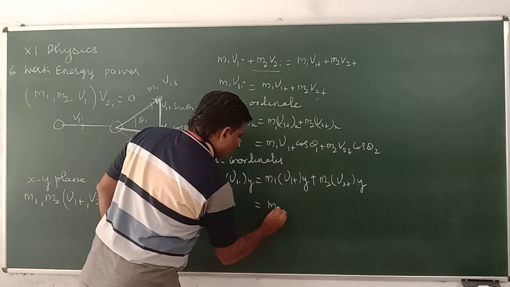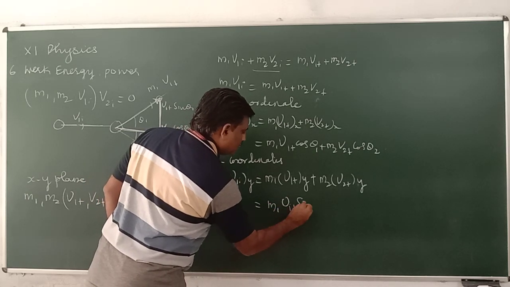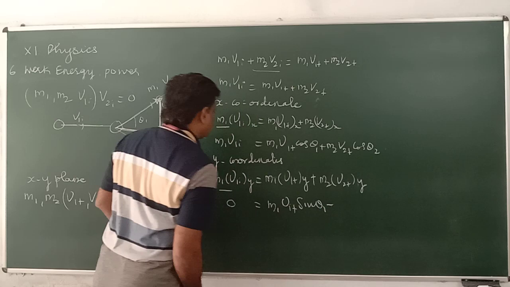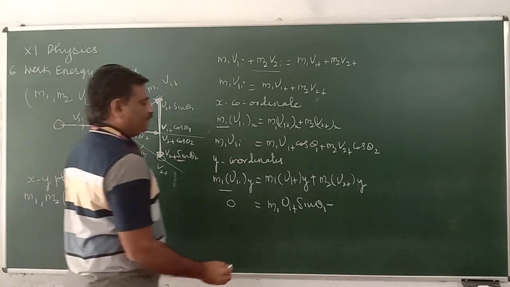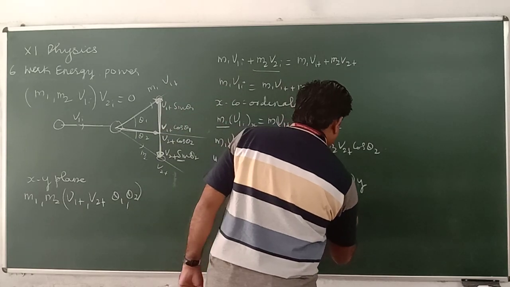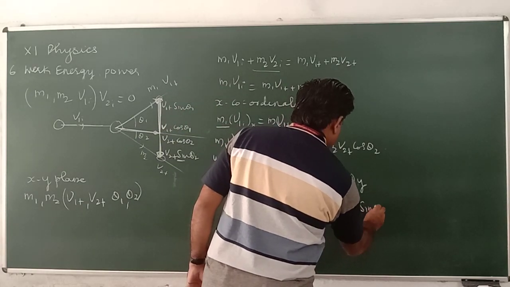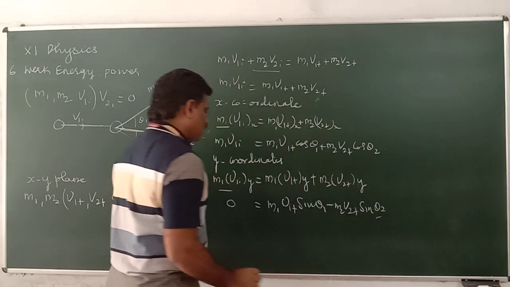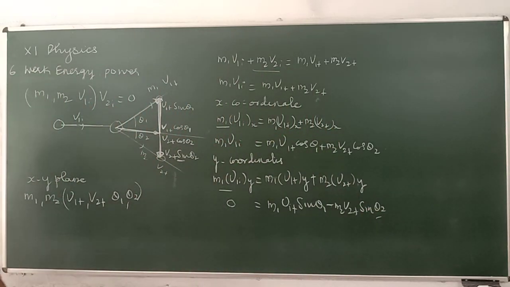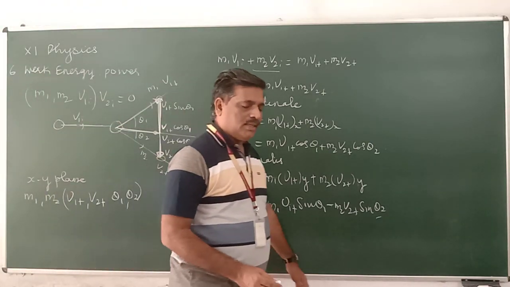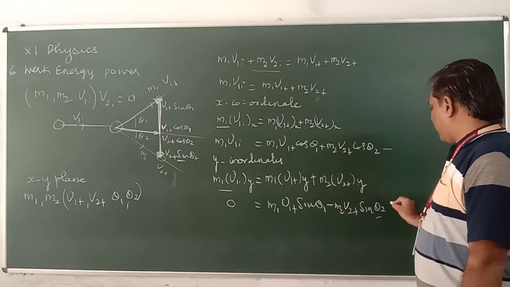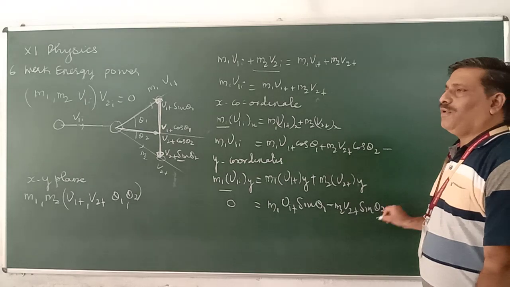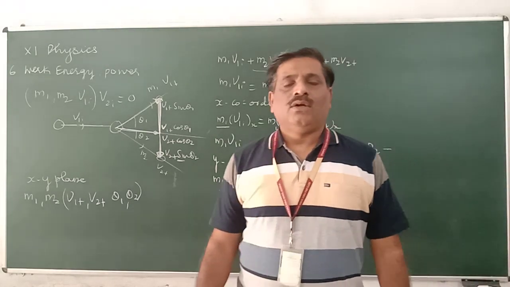It is m1 v1f sin theta 1, minus, because one is up and the other is down, m2 v2f sin theta 2. So 0 equals m1 v1f sin theta 1 minus m2 v2f sin theta 2. These are two important equations for collision in two dimensions.